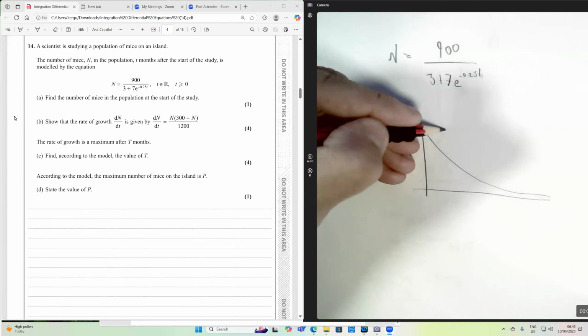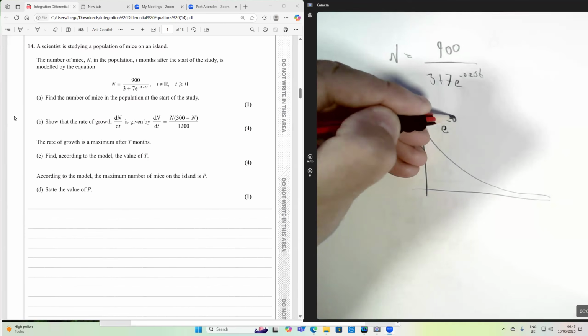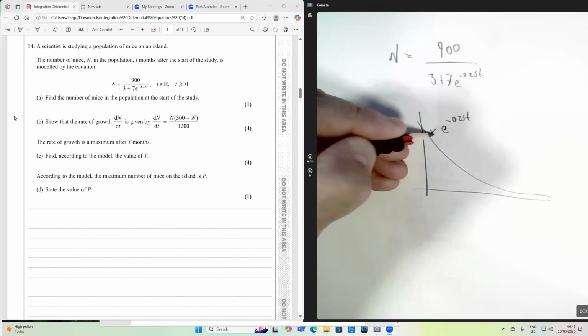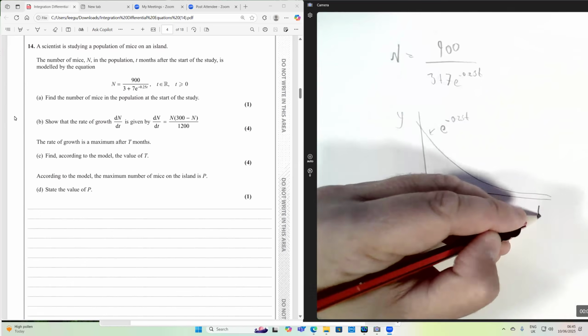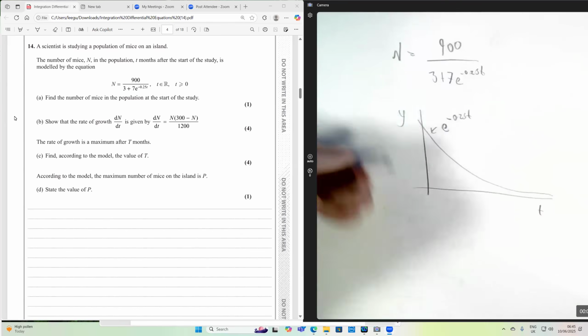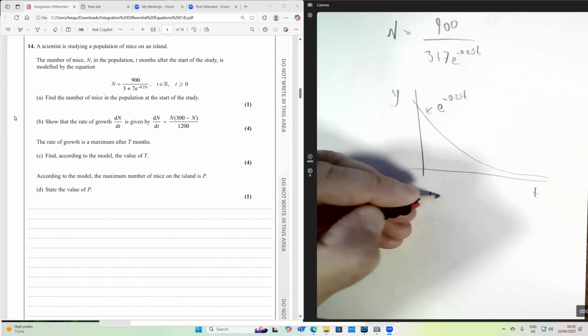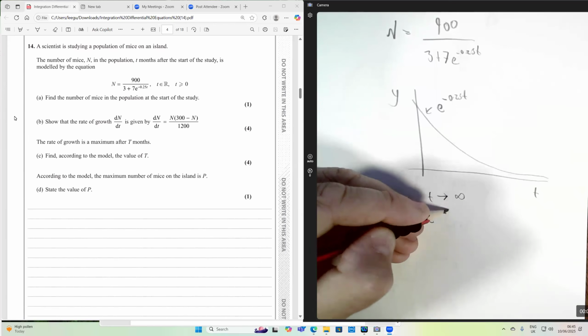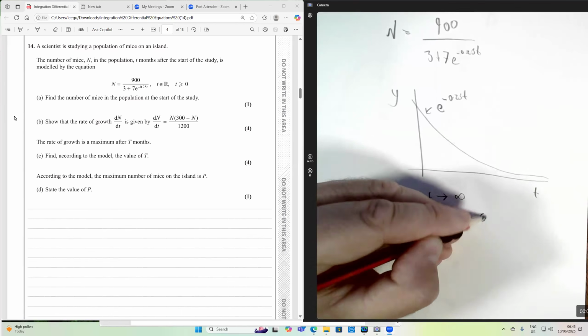We have got here our e to the minus 0.25t is going to be an exponentially decreasing curve, okay? So as time increases, this decreases. So basically, as time tends to infinity, e to the minus 0.25t tends to 0.